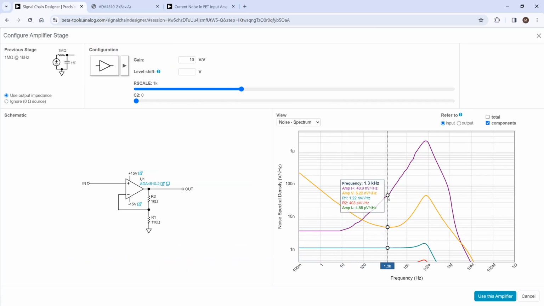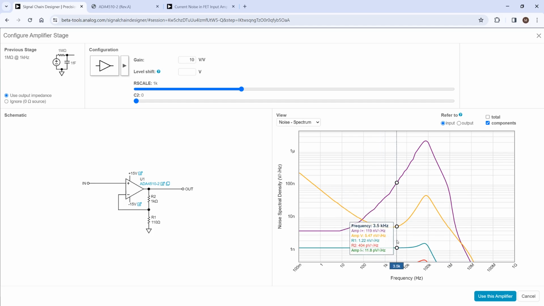I think as far as we know, Signal Chain Designer is the first modeling software to actually model this behavior. So if you were to export to LTspice or compare to your hand calculations, you may get a different number. Just watch out, because we are attempting to be more accurate for you all so that you're getting as close as we can get to what you'll get on the bench.